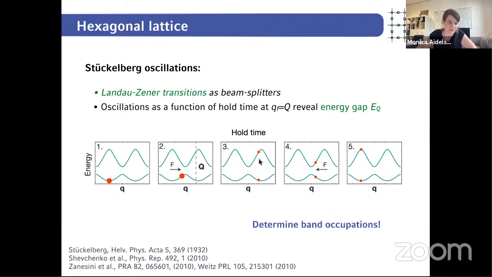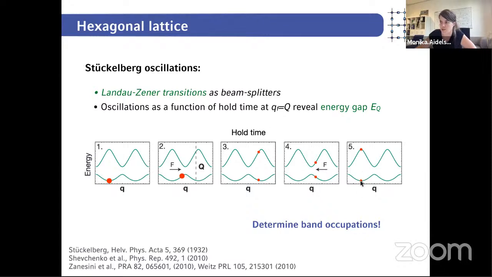And the strength of the force is the same. So after having had this hold time at the final quasi-momentum capital Q, we go across this avoided band crossing. We mix the two fractions again. So this would be the second beam splitter of our interferometry sequence. And at the end of the sequence, we are back at Q equal to 0.